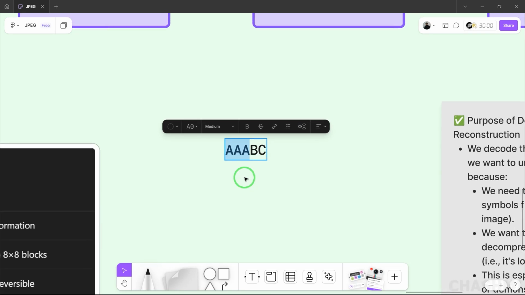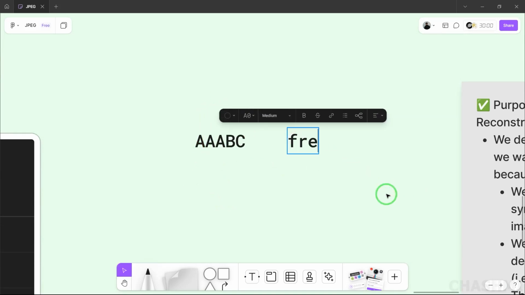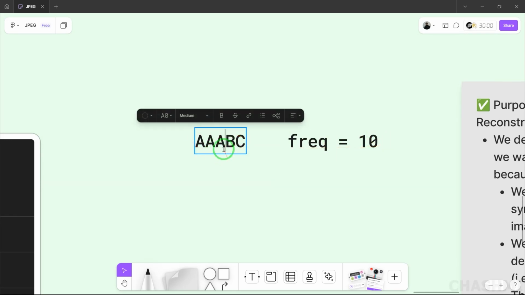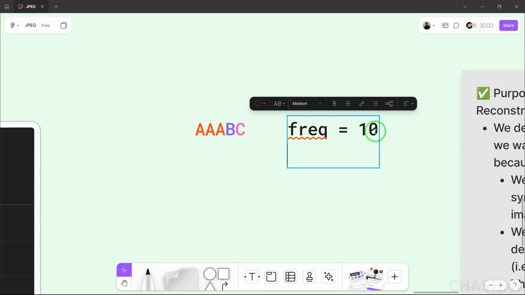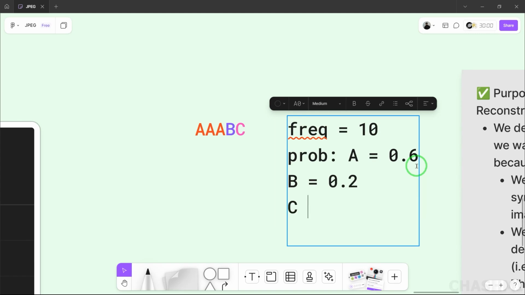All right, that's the code for it. So for example, if the frequencies are, say, 10, and I assume values here, I would give 6 to A, 2 to B, and 2 to C. If we take the probability, A would have the probability of 0.6, as we are just dividing by the whole frequency, and B would be 0.2, and C would be 0.2.